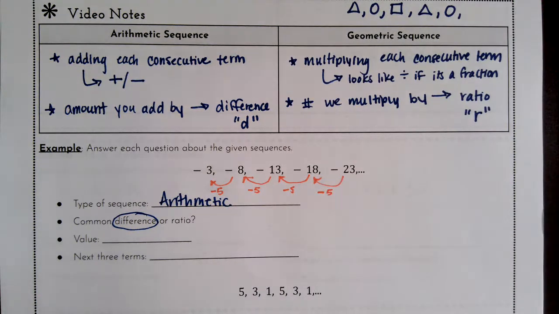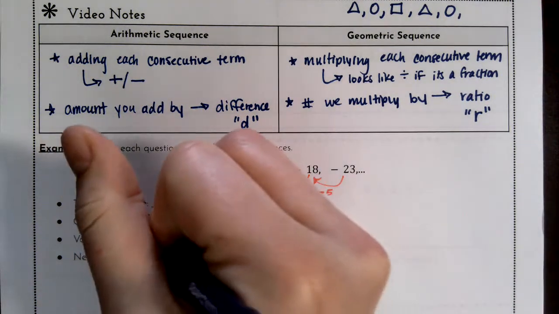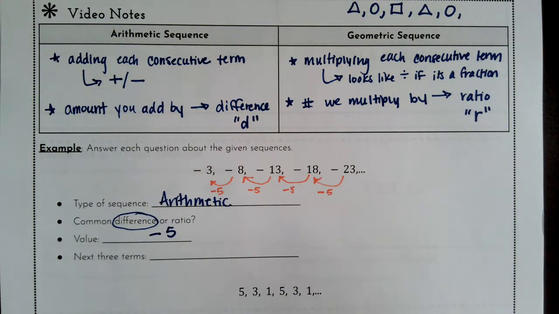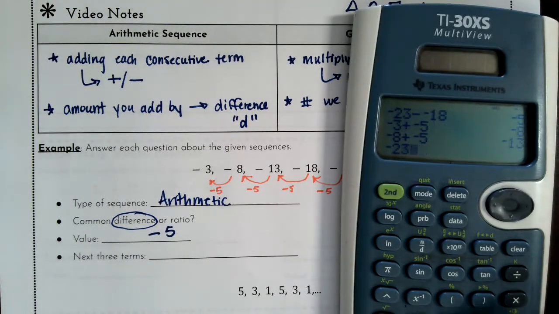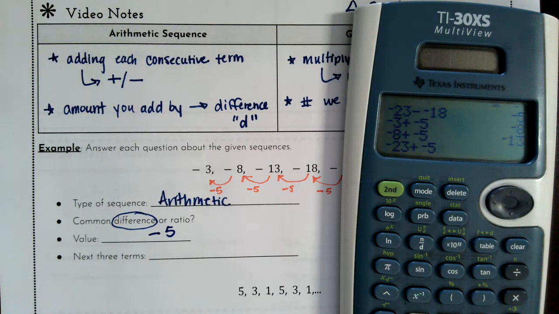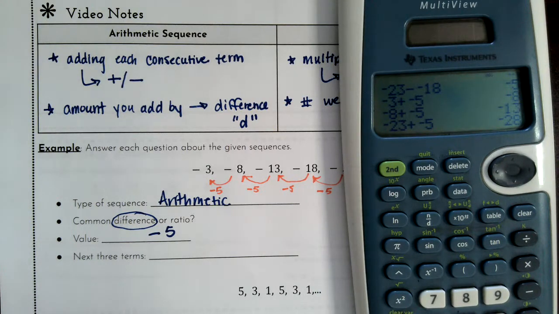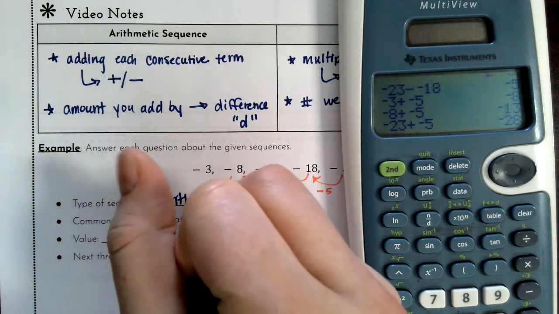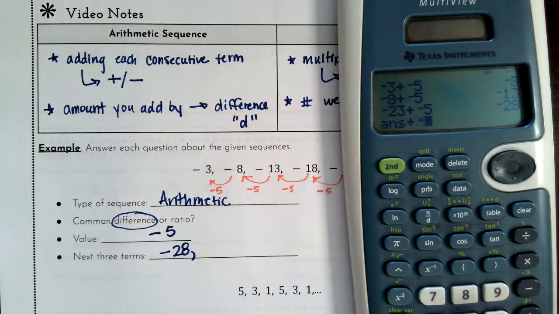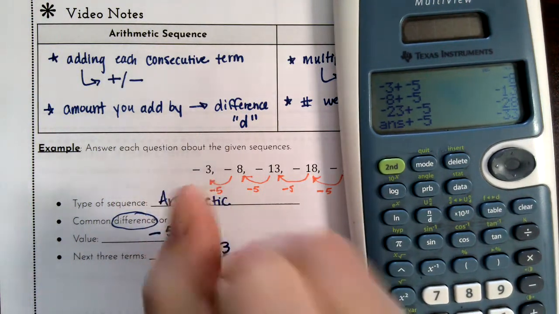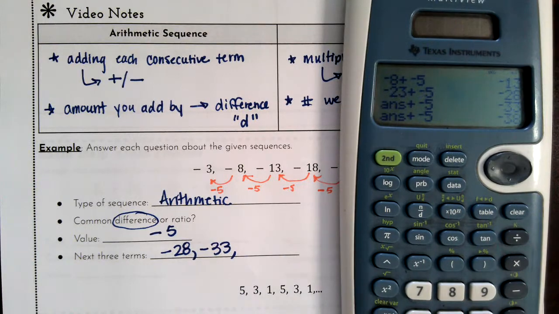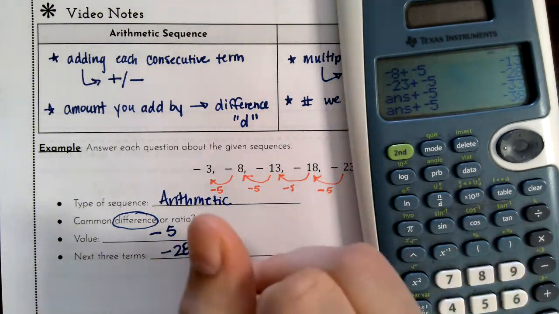So whatever you're adding by, that value is -5. Then to get the next three terms, I'm just going to add -5 to each one. -23 plus -5 is -28, plus -5 is -33, and then -38.